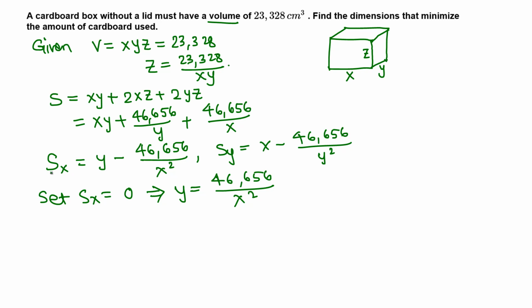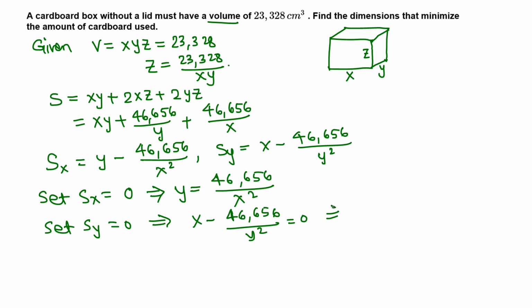Setting the first partial to 0 means we got y in terms of x, and setting the other partial to 0 means x minus 46,656 over y squared equals 0. I did not solve for x because I said this equals 0 and isolated y. Now I'm going to plug this y into this fraction so that we can find the x value.